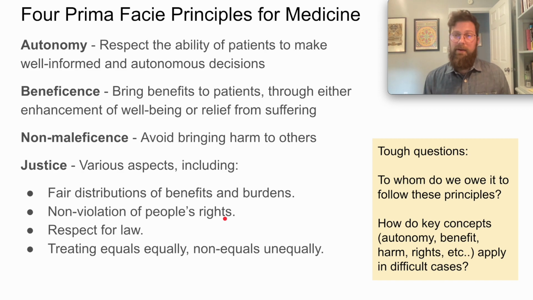But we might also ask if a person has a right to receive any treatment that they ask their doctor for, or whether there's some baseline level of provisions that are also included in your rights. So these principles can be a helpful guide, but they still leave room for a bunch of really interesting and important philosophical questions.